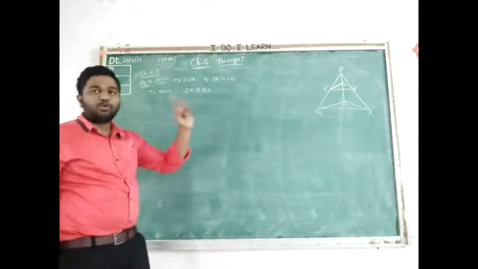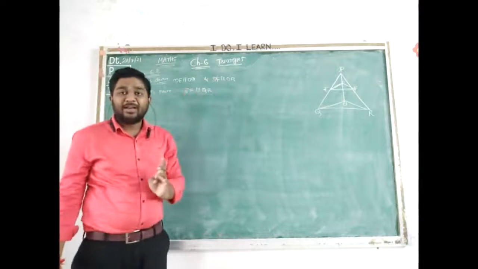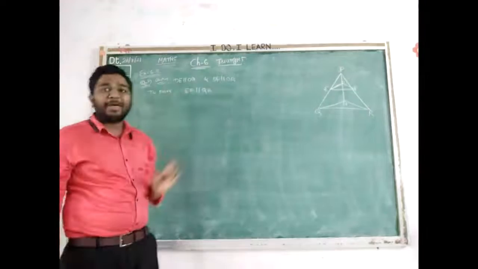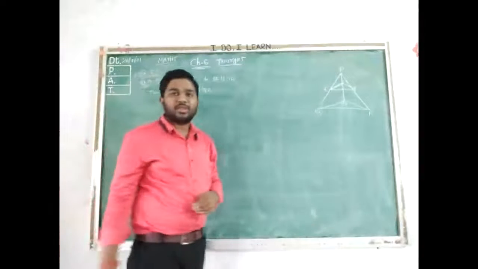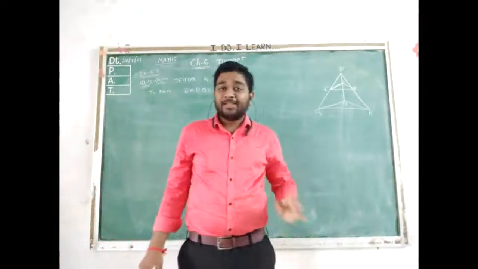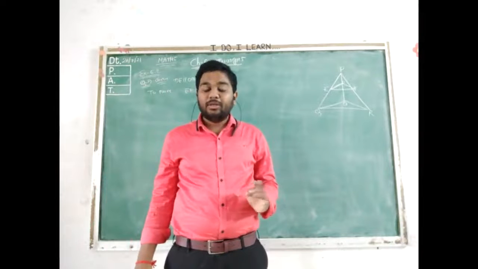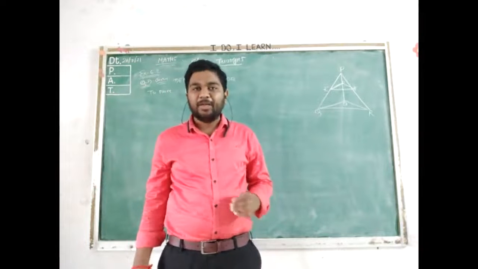Now, whenever we have to prove something parallel, what do we have to do? Whenever we have to prove parallel, we have to use the converse theorem. When parallel is given and we have to prove the ratio, then we use BPT.